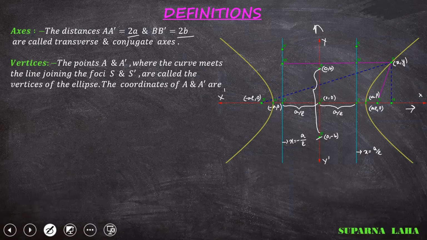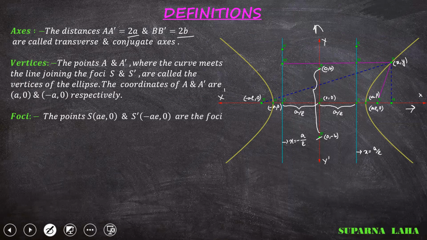That means plus minus a comma 0 are the coordinates of the vertices. Next, moving to the foci. So S and S dash, whose coordinates are plus minus ae comma 0, are the coordinates of the foci. So this is the center, the origin, that is 0 comma 0.